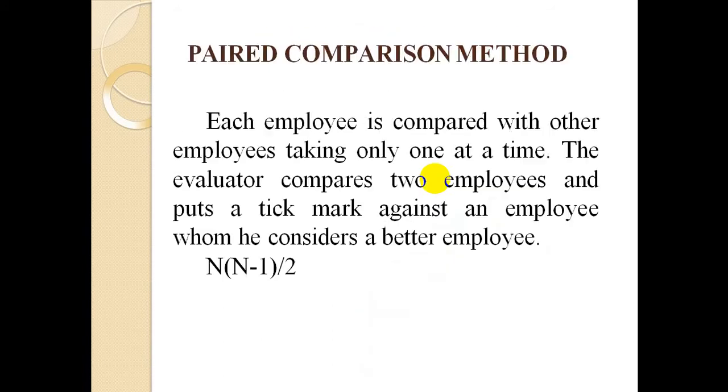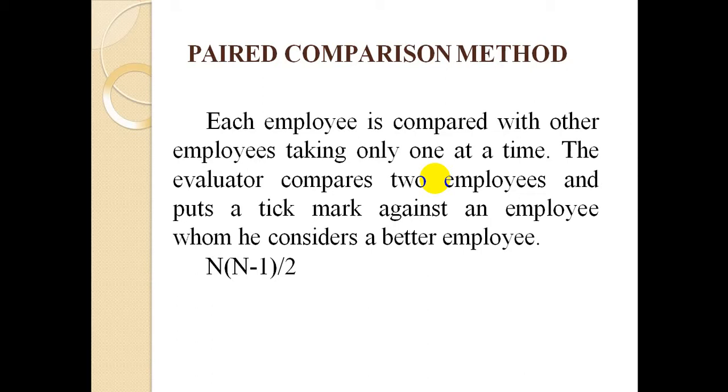And now next, the paired comparison method. Here each employee is compared with other employees at a time, and the number of pairs of employees is calculated based on a formula.